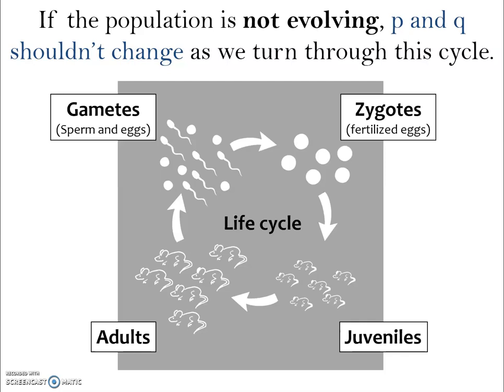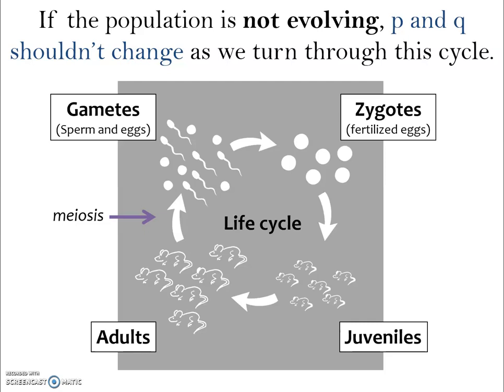Okay, so just to remind ourselves about the life cycle. Adults make gametes through meiosis, and my animations aren't coming up. We'll get there. There we go. Meiosis. Gametes find each other randomly if there's no evolution.